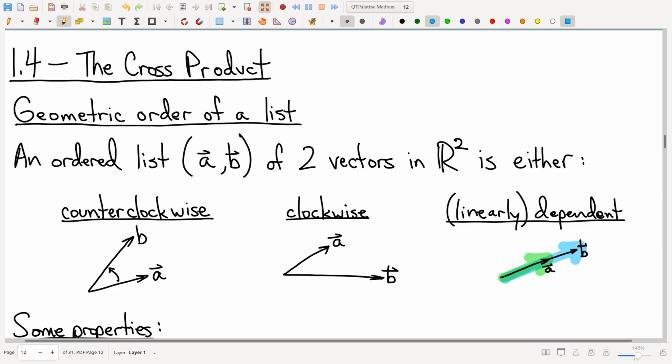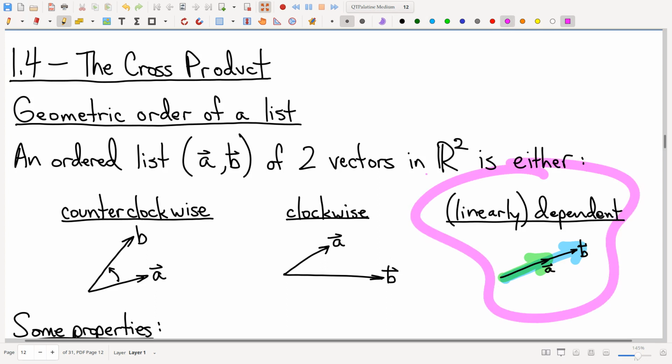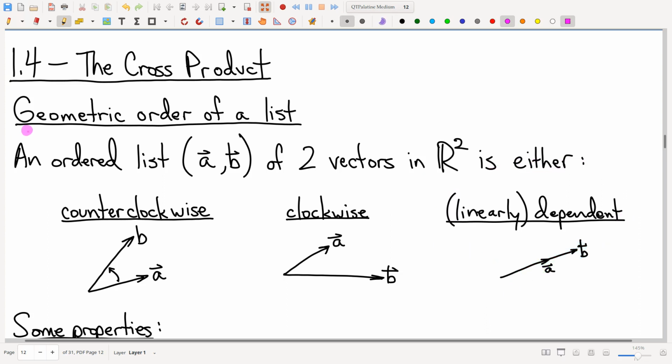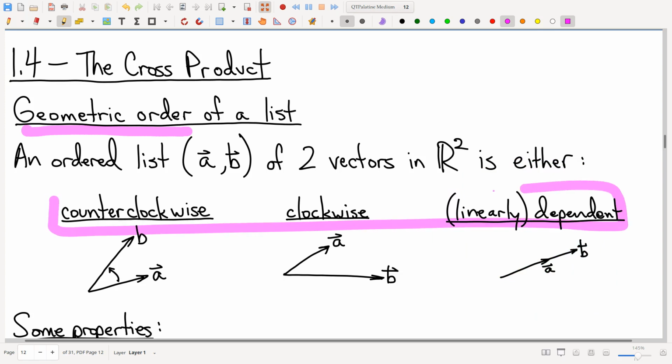Or what if one or both of these vectors was 0, then we got nothing. And you'll notice pretty quickly that the cases that couldn't reasonably be called either clockwise or counterclockwise are all linearly dependent. That's a cute little observation, I think. So these are your three scenarios. This is based on what I'm calling the geometric order of a list. The options are counterclockwise, clockwise, and dependent.